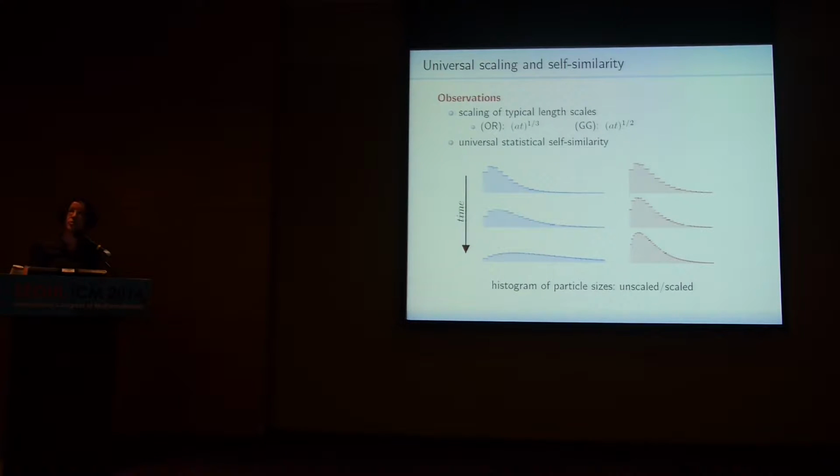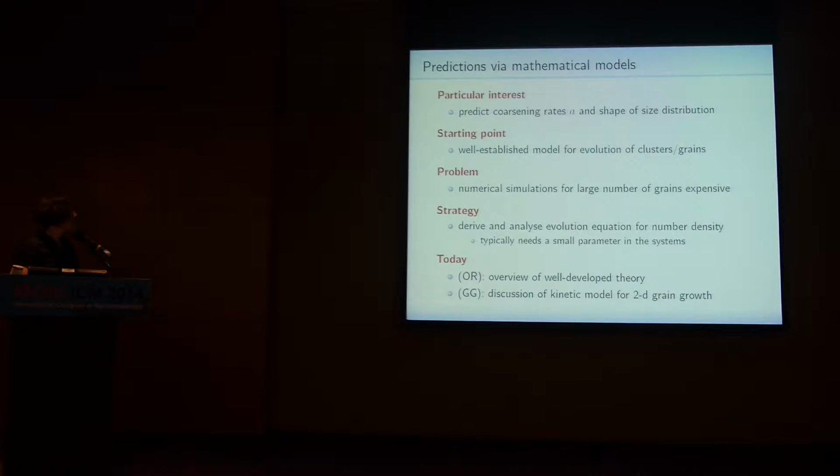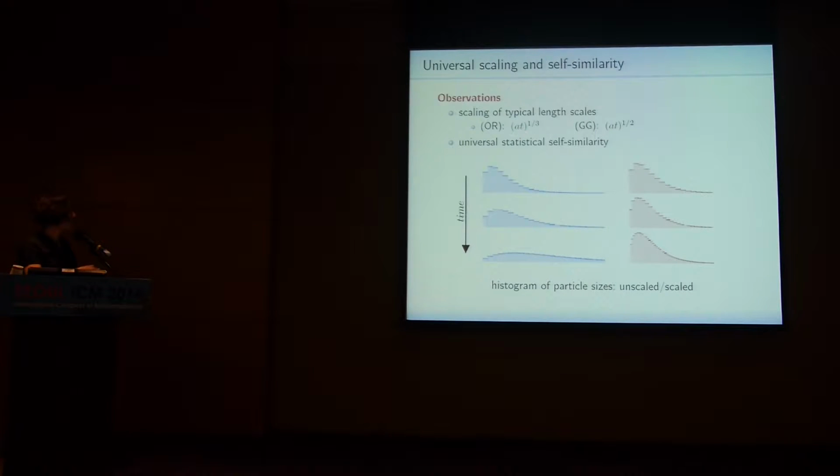So in Ostwald ripening, the typical droplet size grows proportional to t to the 1/3, if t is the time, and in grain growth it's the square root of t. And we are also interested in the growth rate, so this is this prefactor A here.